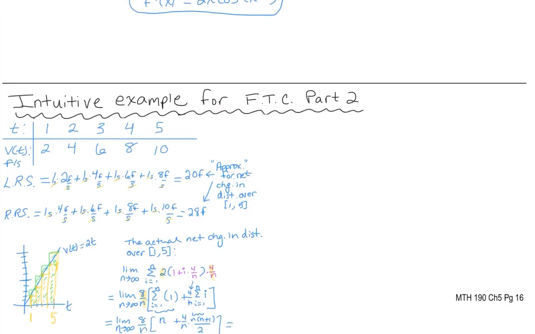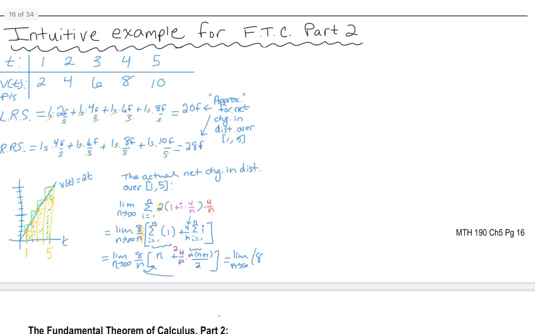Well, if we do that, in the first term, if I distribute through, I'm going to have the limit as n goes to infinity of just 8. And in the second term, if you want to do some reducing, we could at least reduce those n's. If we wanted to reduce the 4 and the 2, we could. We don't need to. We do need to distribute through our 8 over n though.